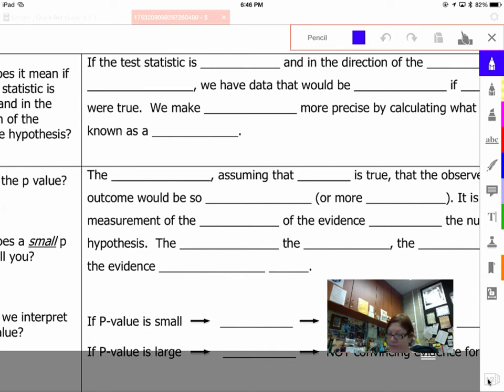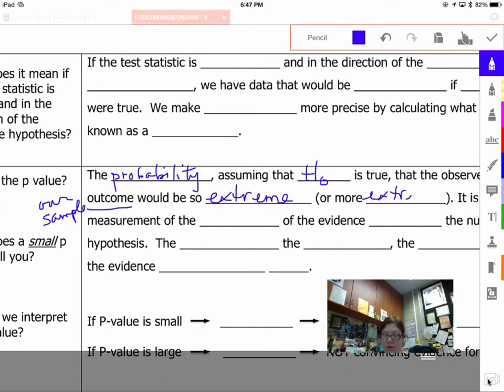So this p-value is nothing more really than a probability. P-value is really short for probability value. Assuming that our null is true and that the observed outcome, aka our sample, would be so extreme or even more extreme.